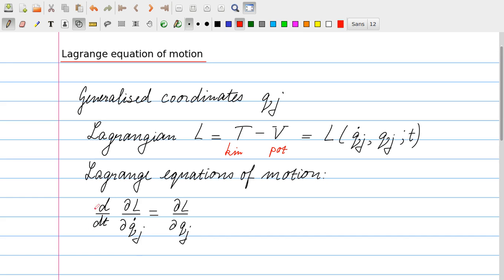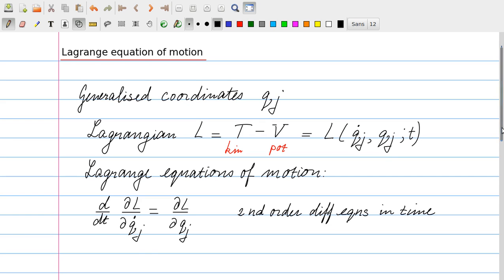We take then a derivative with respect to the time. qj dot is a time derivative, and so it is clear then that this is a second order differential equation, or it is a set of second order differential equations in time, and that means that the highest order of the derivative with respect to the time is the second derivative.